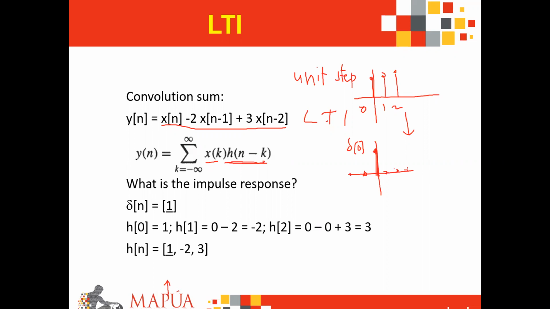And then I add it with the delta impulse at 1. Maybe it's better if I move the drawing away so you can see the output better.